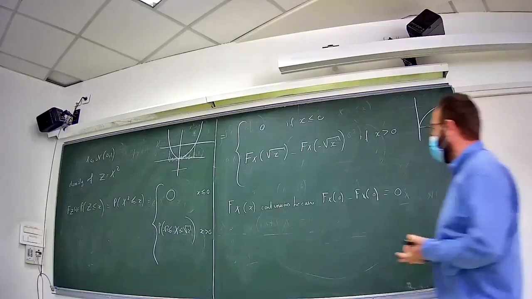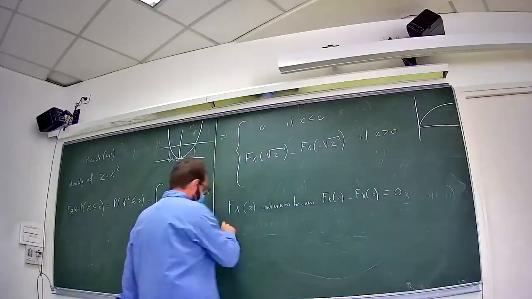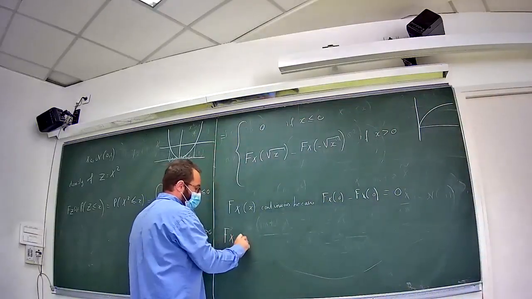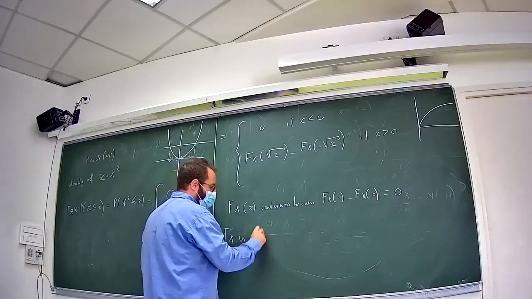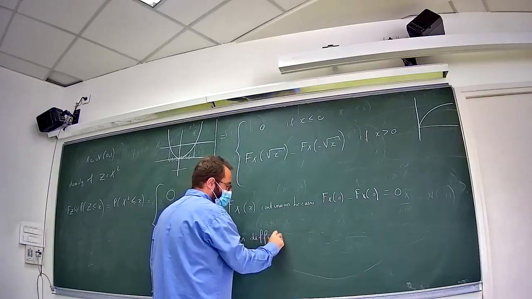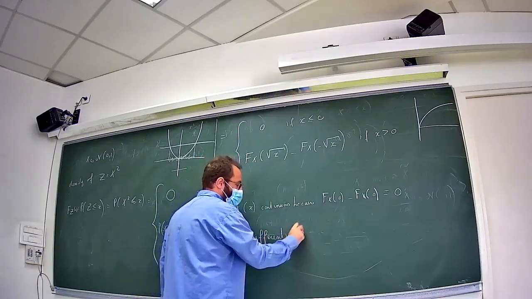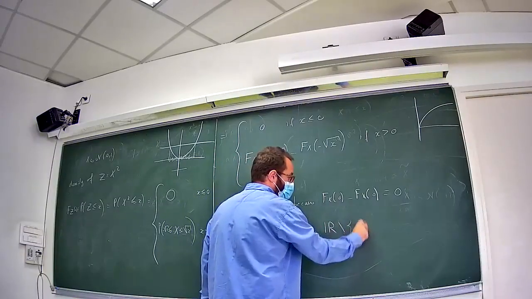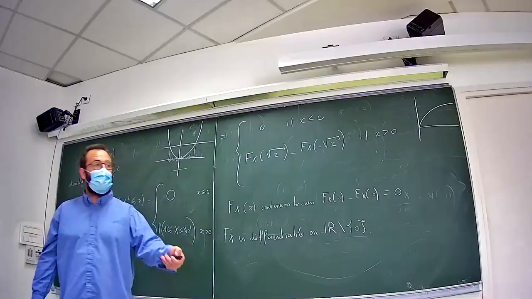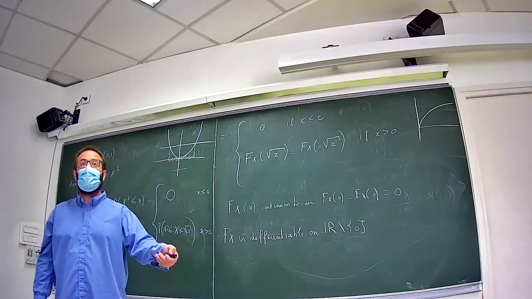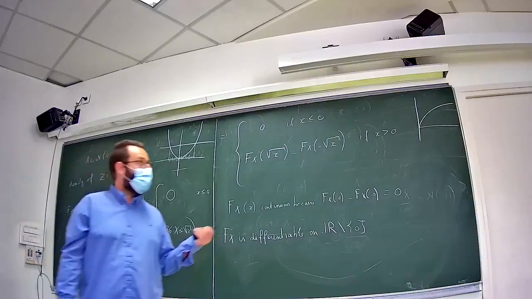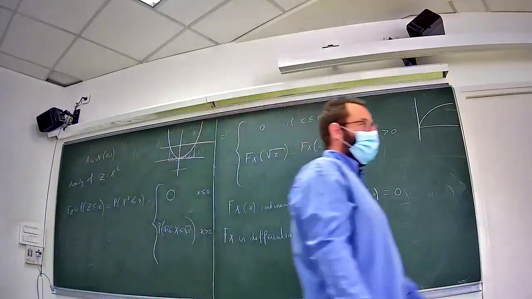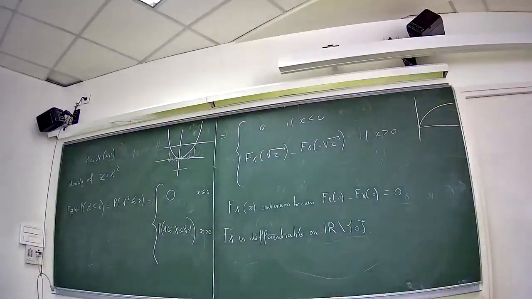So here you have something that is f of x differentiable on R except for 0. But it's not a problem because in my statement I don't mind about what happened at a finite number of points. Here I have a single point where maybe it is not differentiable. It won't be. Okay?